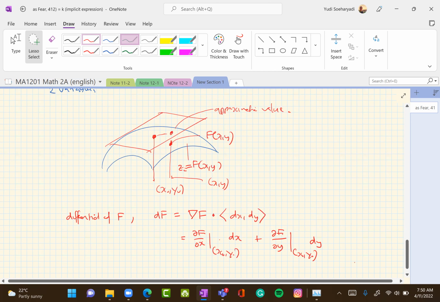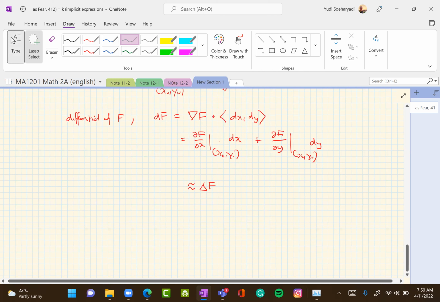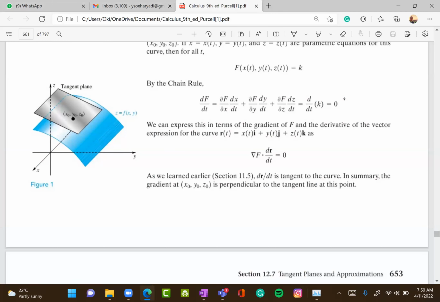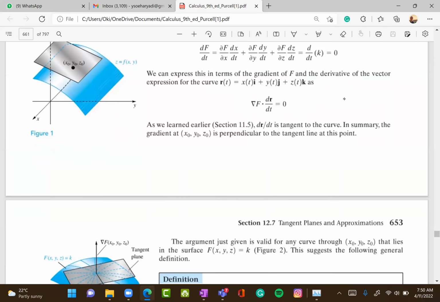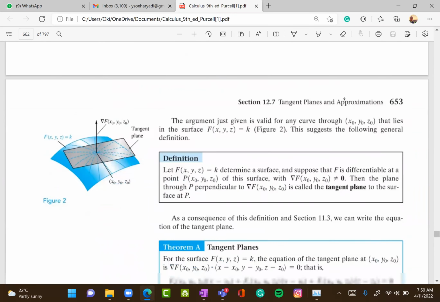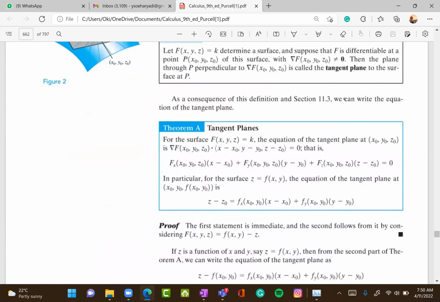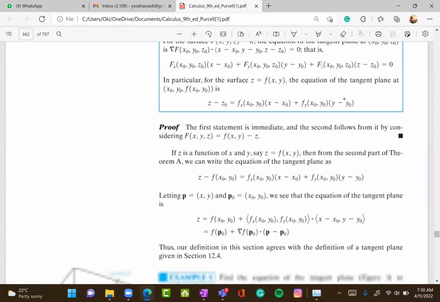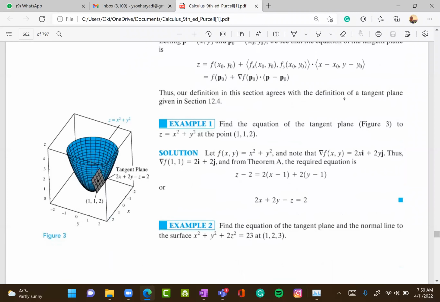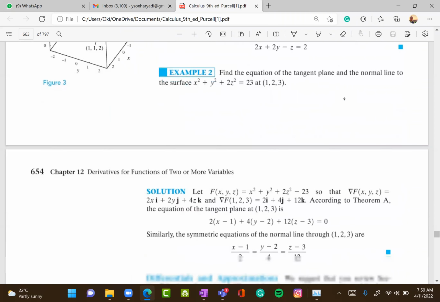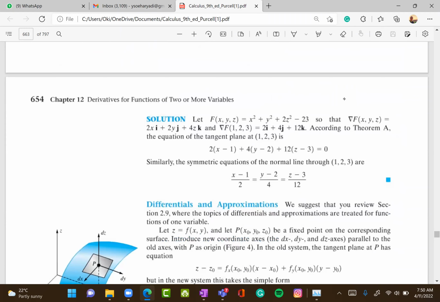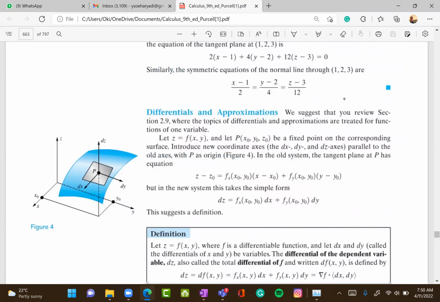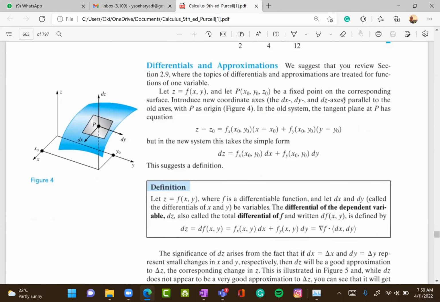All right, let's go with an example of the differential approximation.